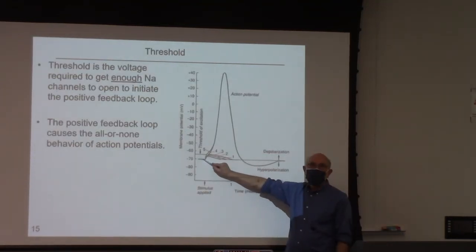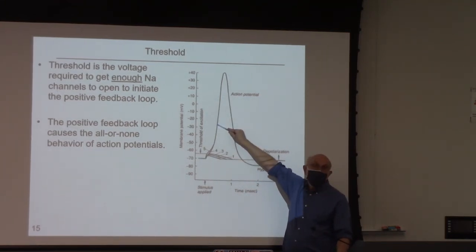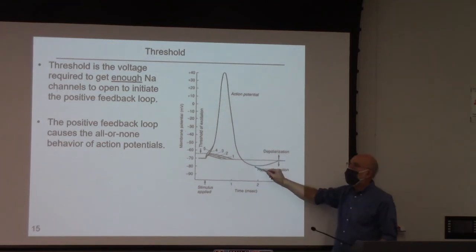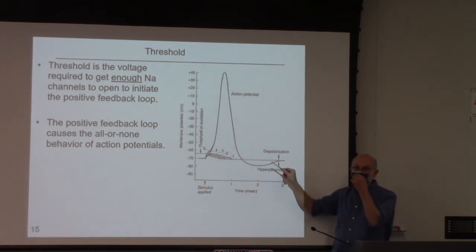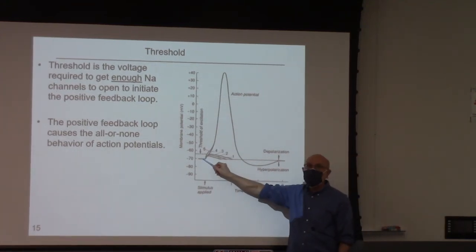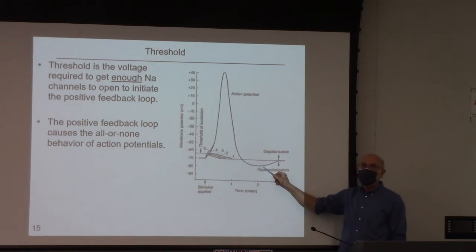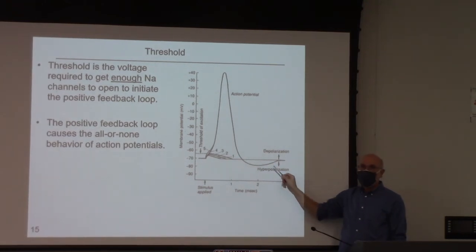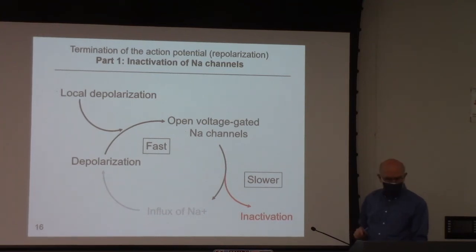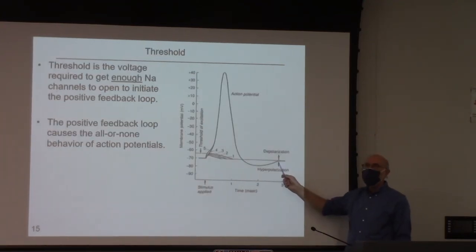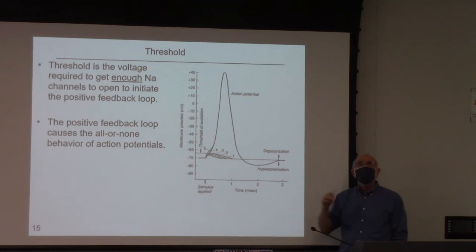There's a difference. Before the action potentials, the channels are closed and are available to open. After the action potentials, the channels are inactivated and cannot reopen. There's a difference between the closed state and the inactivated state. And then you'll say, well, if they can't reopen, then how do you ever get another action potential?